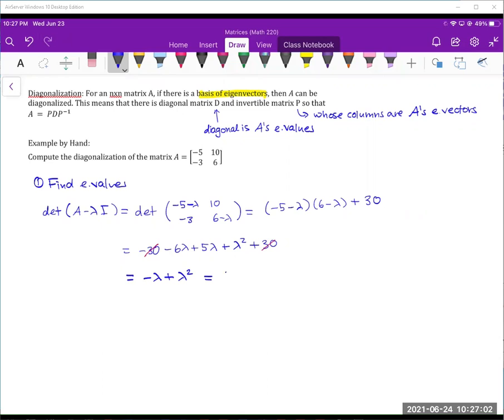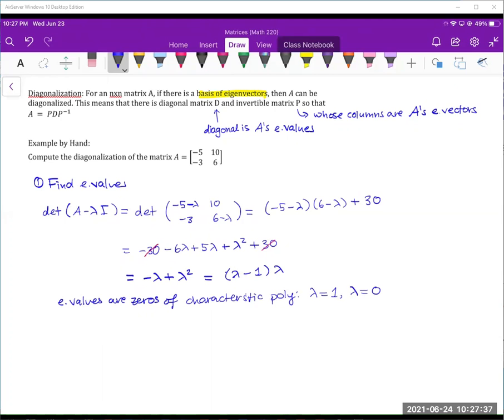So we get lambda times lambda minus 1. The eigenvalues are going to be the zeros of this polynomial, and so we see that there are 2 of them: lambda equals 1 and lambda equals 0.